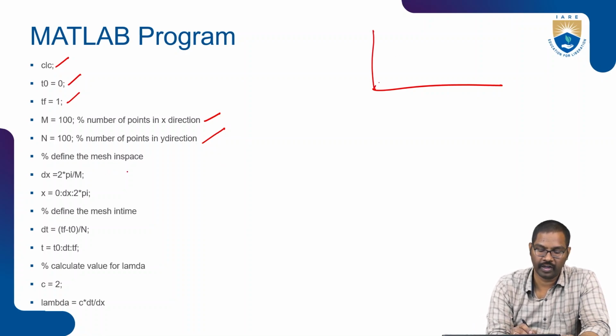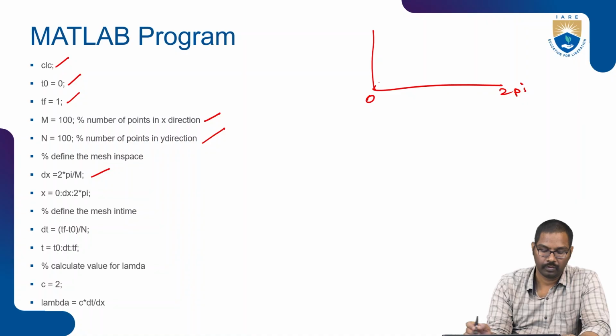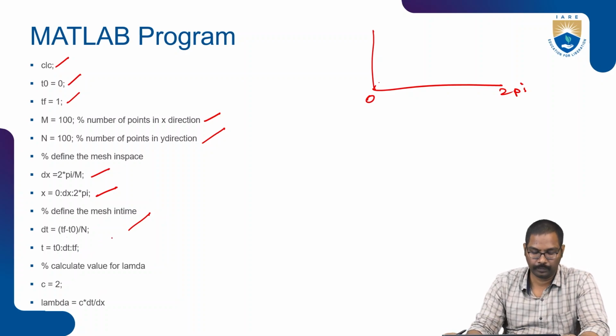First we define the grid, that is the interval between two points, dx equal to 2 pi by m, because 0 to 2 pi is the domain length. Then we distribute it by the command x equal to 0 colon dx colon 2 pi. Similarly, we define the mesh for the time direction, time interval dt equal to tf minus t naught by n, and t equal to t naught colon dt colon tf.